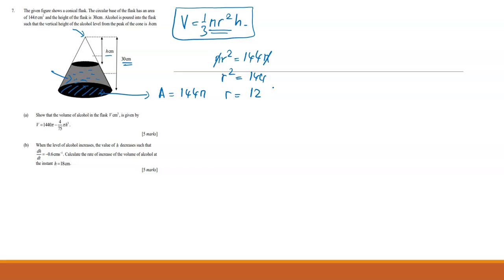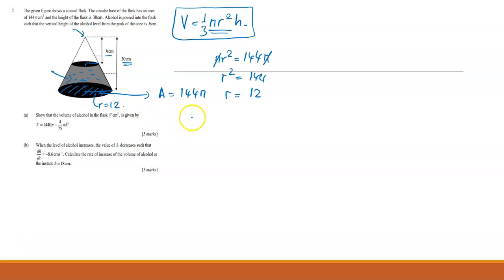But we are not going to take the negative value, negative 12, because the radius should be positive. So the radius r equals 12. Now, what is the radius of this?